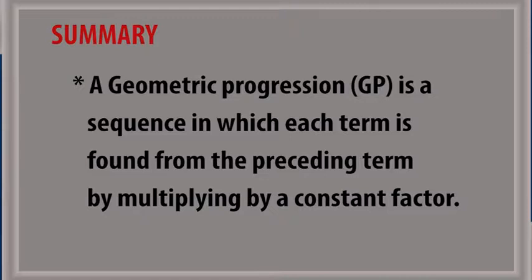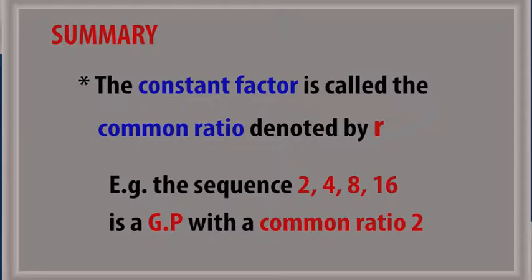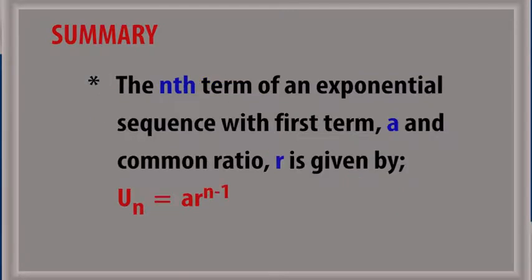We also said that this constant factor is called the common ratio, denoted by R. For example, the sequence 2, 4, 8, 16 is a GP with a common ratio of 2. We also discussed that the nth term of an exponential sequence with first term A and common ratio R is given by Un is equal to AR raised to the power n minus 1.